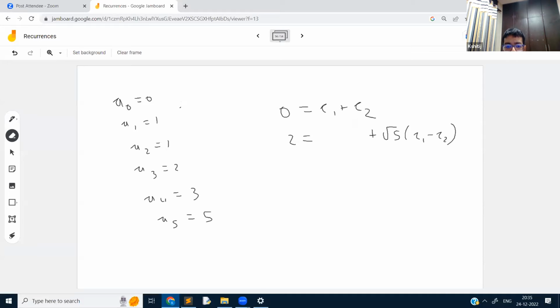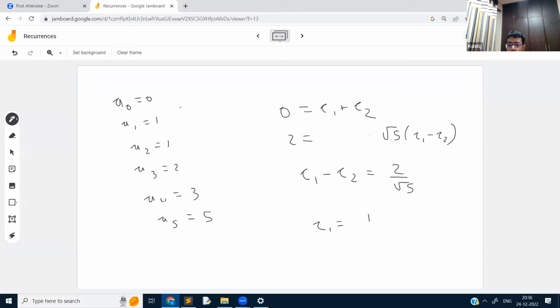You can ask if you have any question. Okay, I will proceed. So now we have the values of C1 plus C2 and C1 minus C2, so we can easily calculate the values.